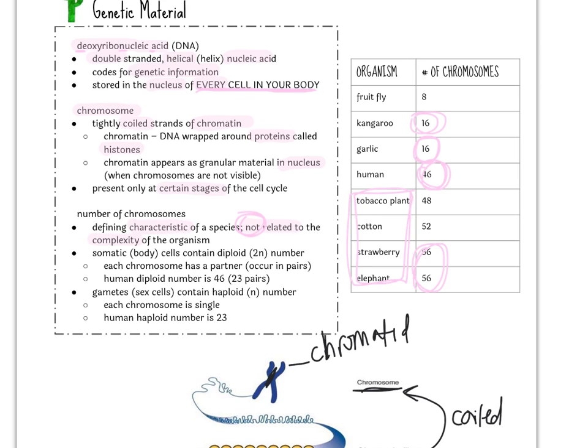No, not necessarily. Tobacco, garlic, strawberry, they're not more complex than us. Elephants are pretty complex, I'd say, on the same level as us. But that just goes to show that it's not related to the complexity of the organism.